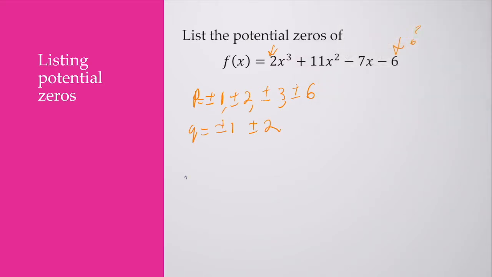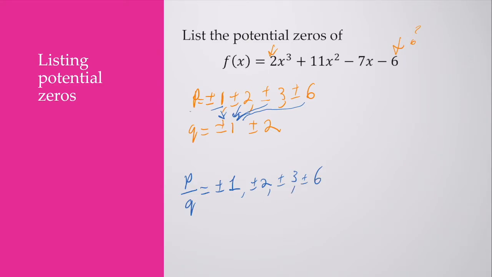So let's start listing the potential rational zeros. If I take 1 over 1, that'll give me 1. 2 over 1 is 2, 3 over 1 is 3, and 6 over 1 is 6.